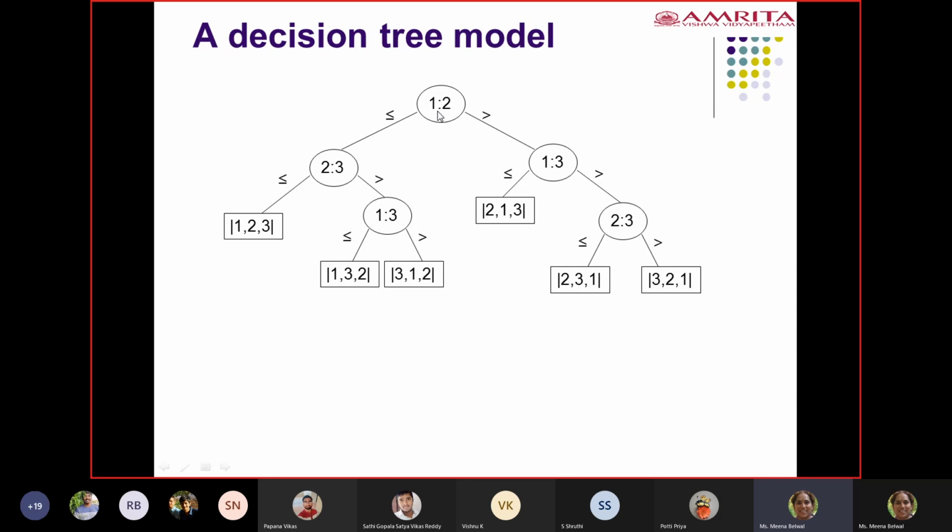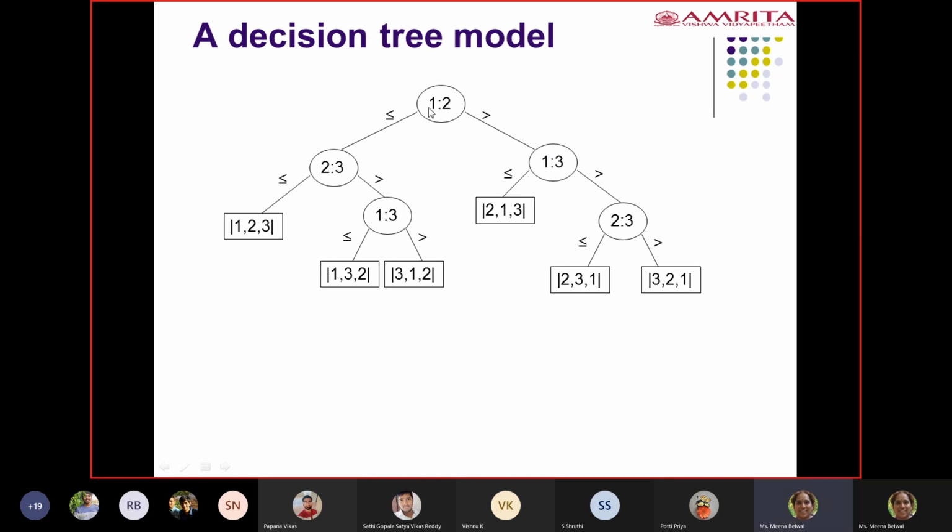So we are saying here 1:2. We will compare index 1 with index 2. If 1 is less than or equal to 2, we will follow the left-hand side branch. And if 1 is greater than 2, we follow the right-hand side branch.